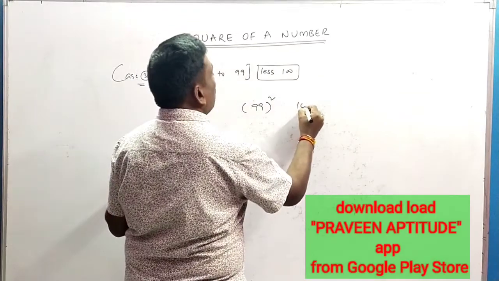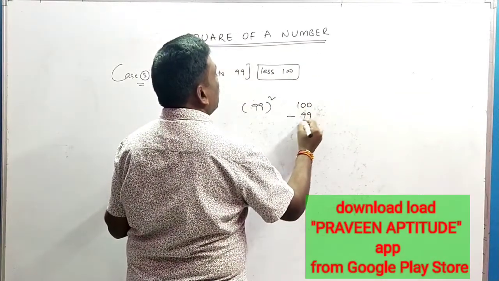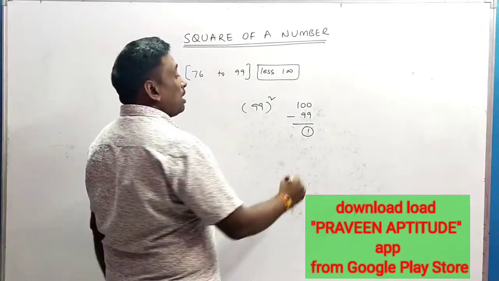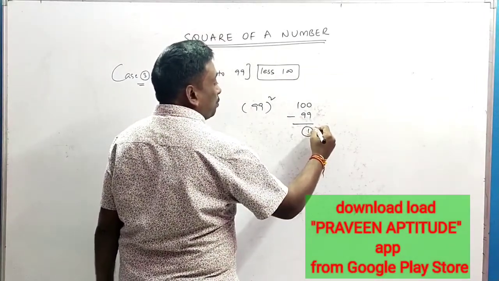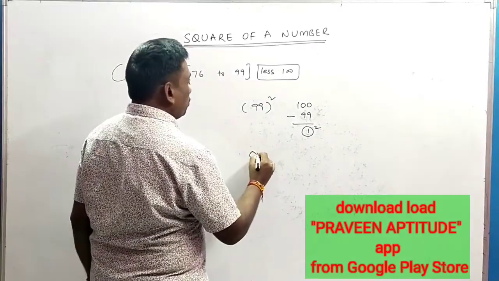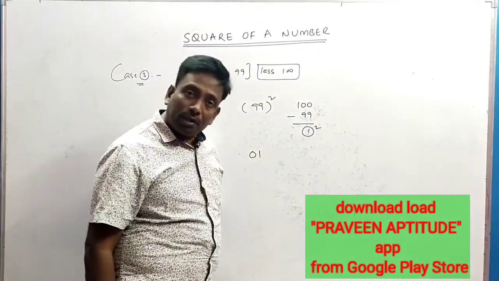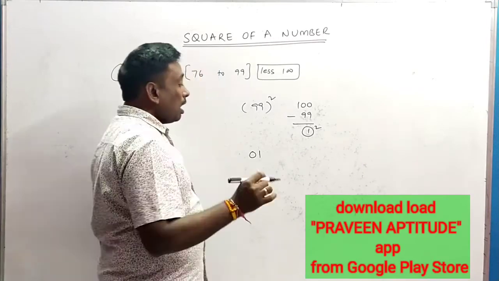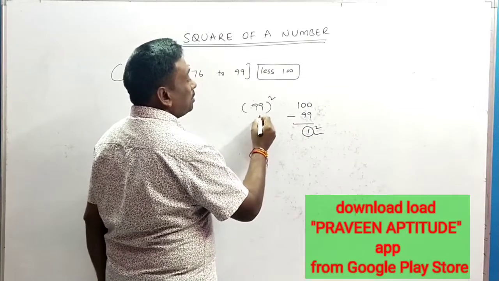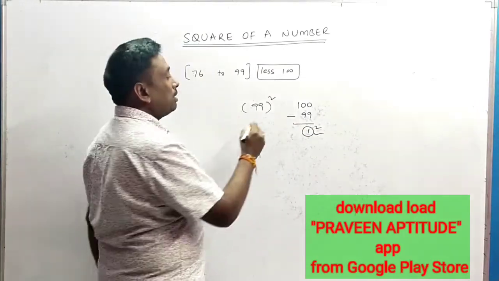Suppose you compare 99 with 100, how much less is this? 1 less. If you square this 1, that gives you 1 only. Write in 2-digit format, that is 01. After obtaining 1, subtract this 1 from the given number.